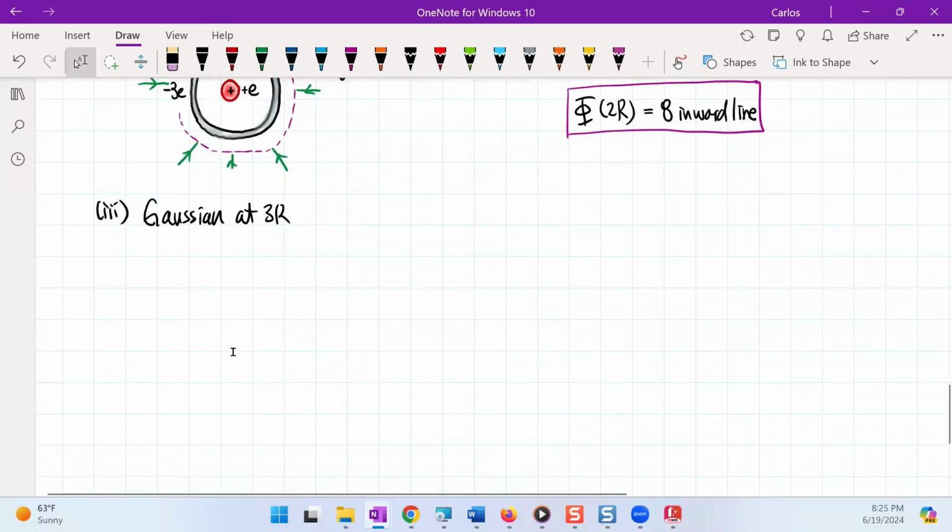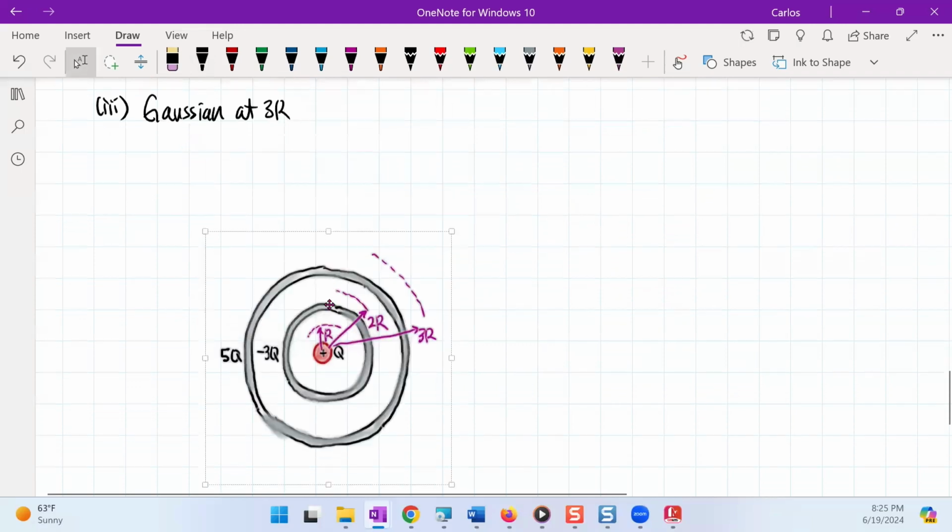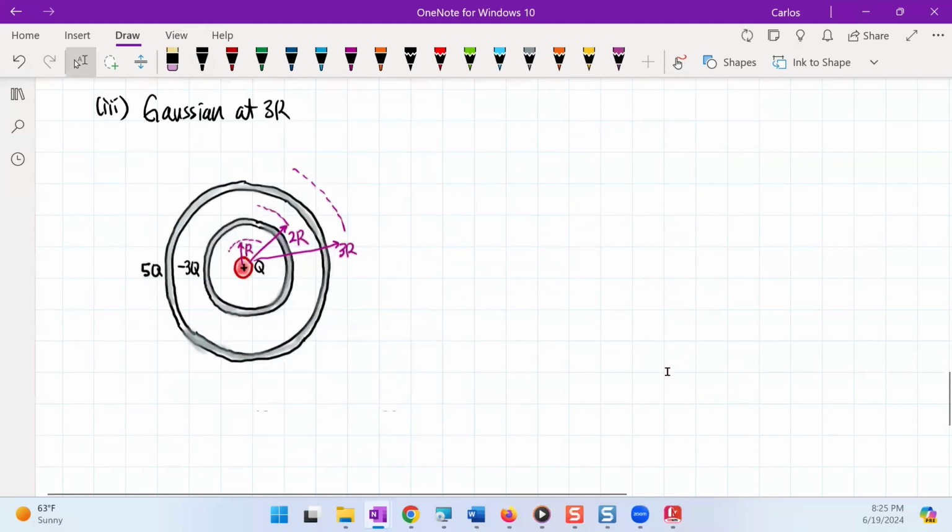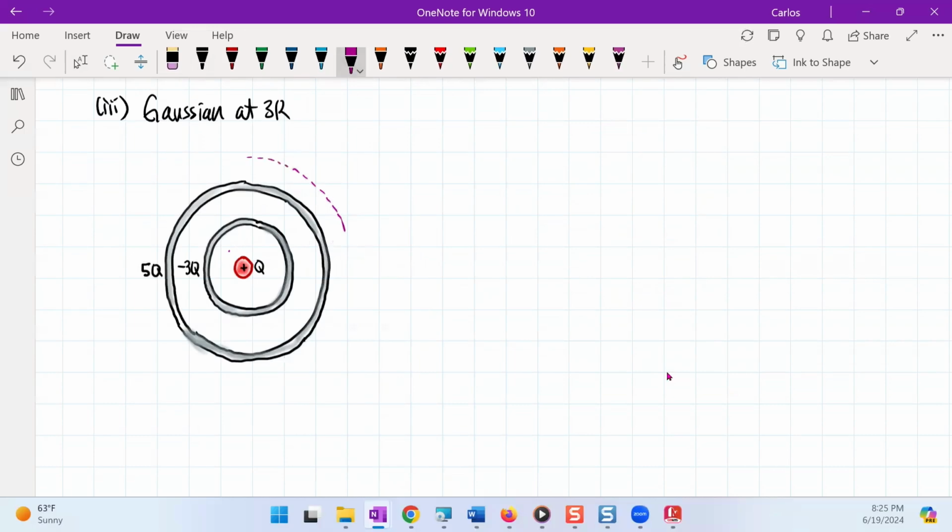Drawing the sketch right here, now I don't care about what's going on inside. I only care about if I've enclosed the whole thing. So now here goes my Gaussian. It encloses all of the three objects.